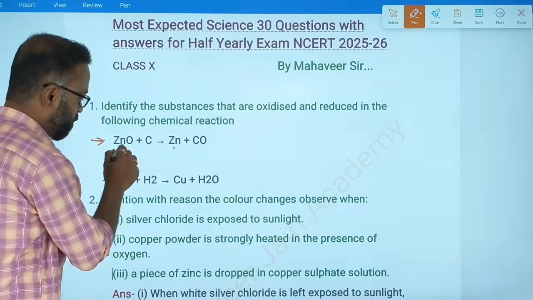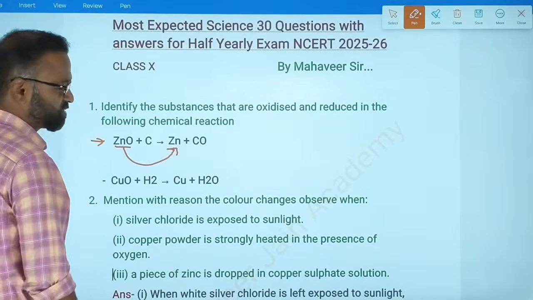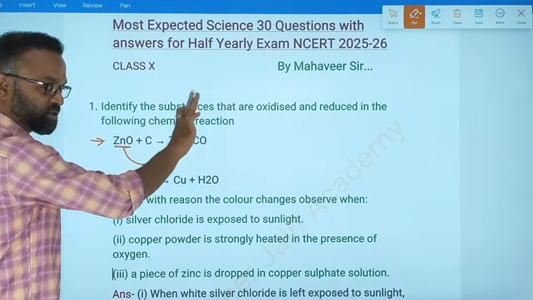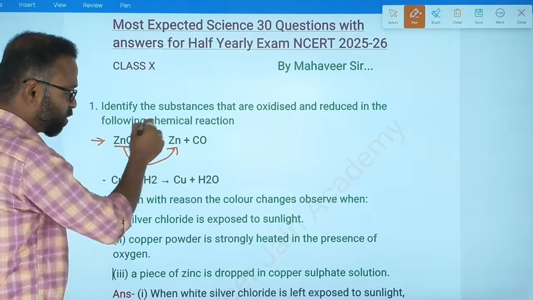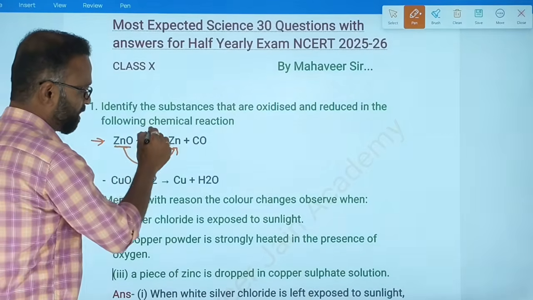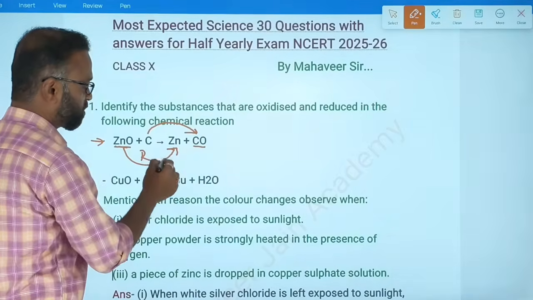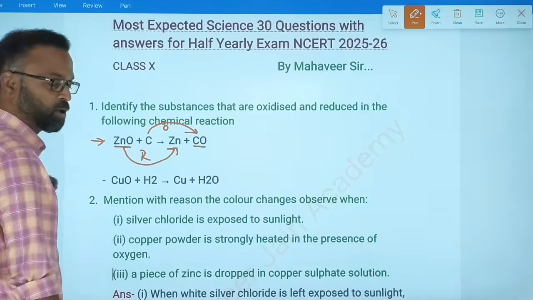See now, the zinc oxide is being reduced to zinc because from the zinc oxide what is being removed? Oxygen is being removed. That's the reason it is reduced to zinc, removal of oxygen. To this carbon, oxygen is being added, so it has converted into carbon monoxide. So this has undergone the oxidation process.